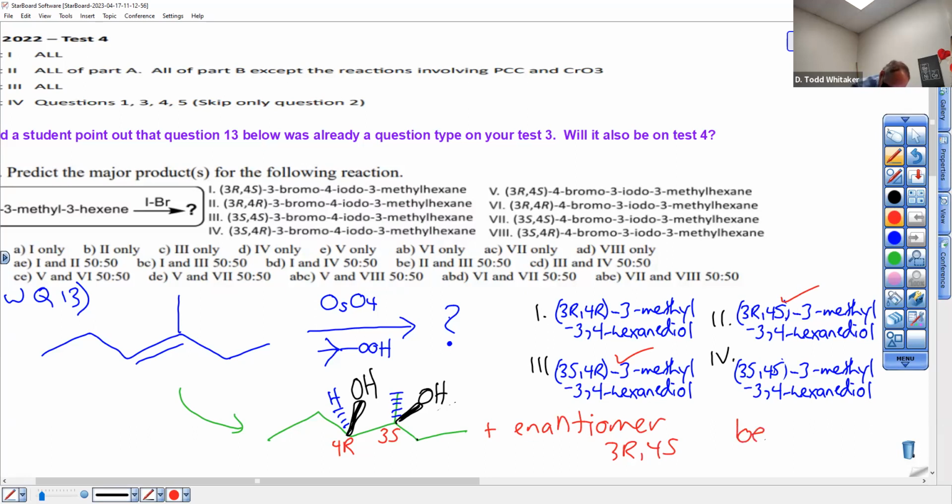BE. And a lot of the choices above are irrelevant because you don't have Roman numerals 5 and 6 and 7 and 8, but that doesn't matter. BE would be the right answer here. Okay? You get a 50-50 mix. So you have one question like that, yes.